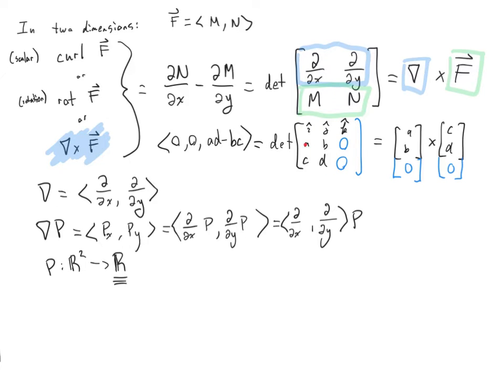Which is the same sort of cross product here. The AD is d dx of n minus d dy of m, dm dy, right? And so a cross product of two-dimensional vectors always came down to the z component of the three-dimensional vectors.